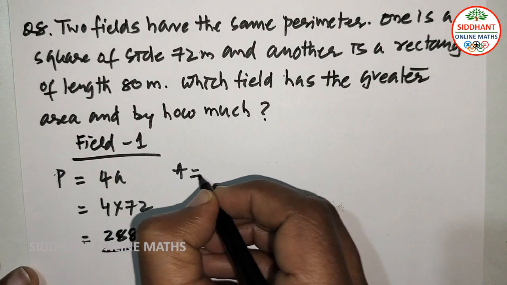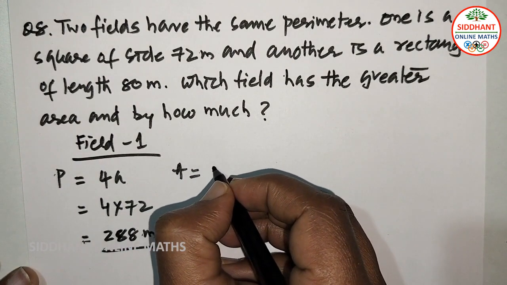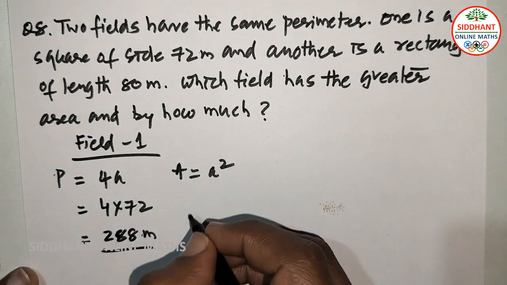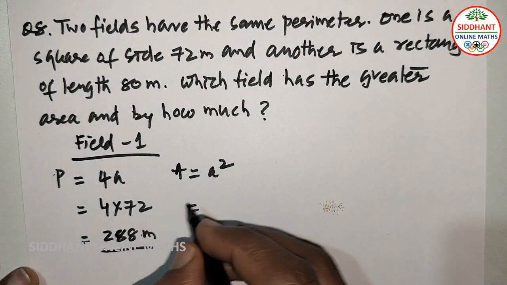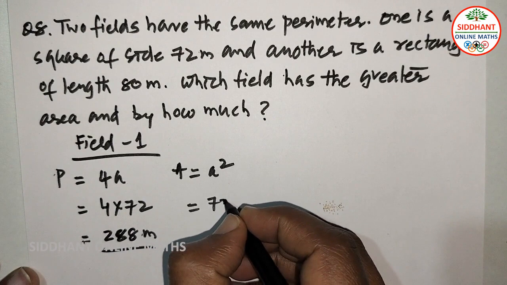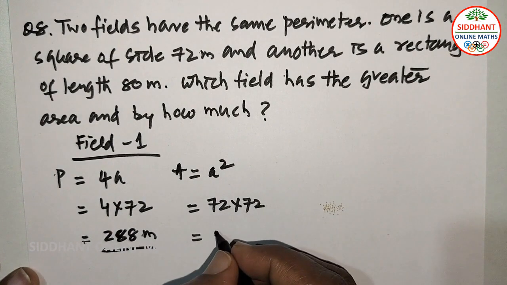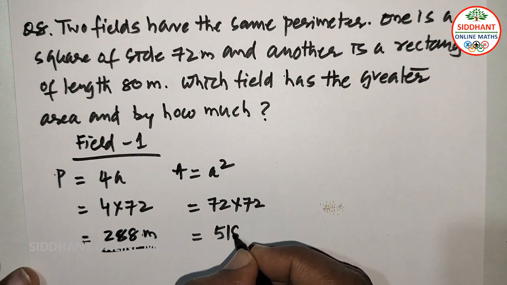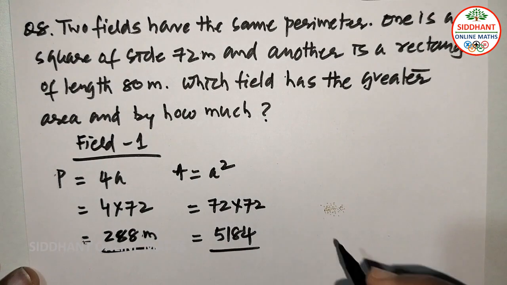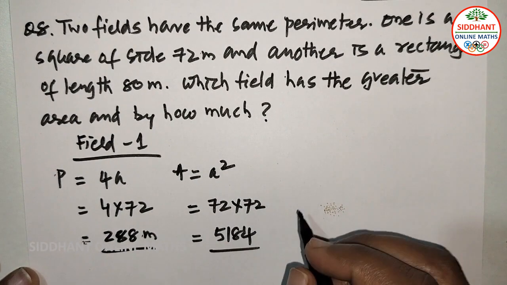So area is equal to, we know, a square, so that will be, one side is 72 into 72, so that will be 5184. So this is the area.